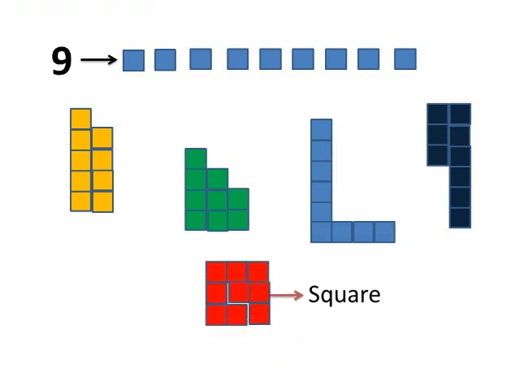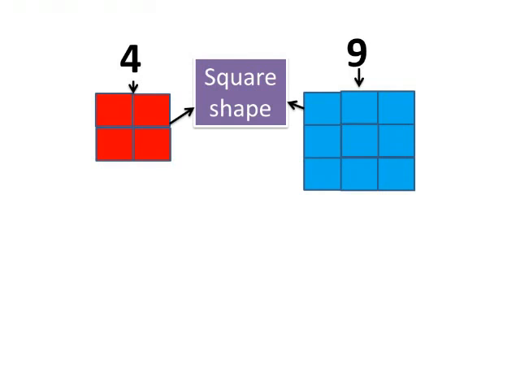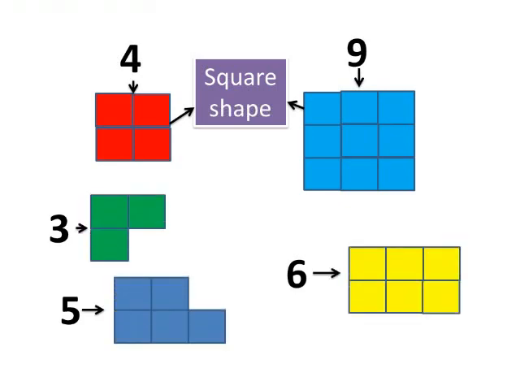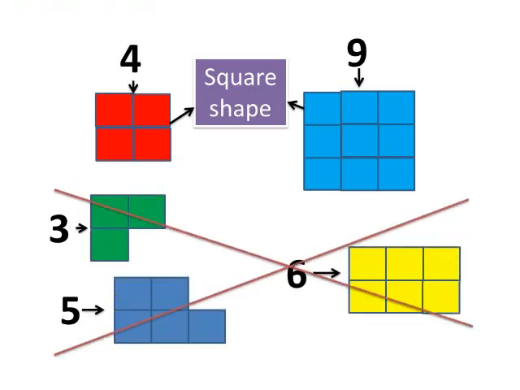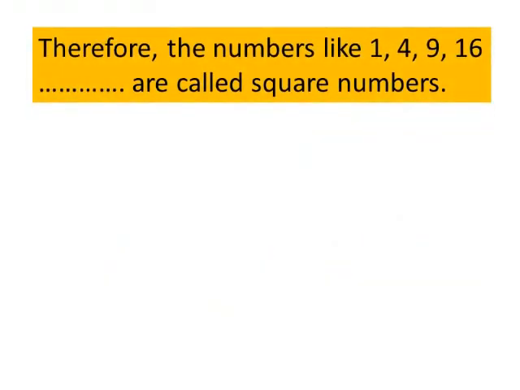Here we conclude that 4 and 9 can be arranged into square shape, whereas the numbers 3, 5, 6 cannot be arranged into square shape. Therefore, the numbers like 1, 4, 9, 16 and so on are called square numbers.